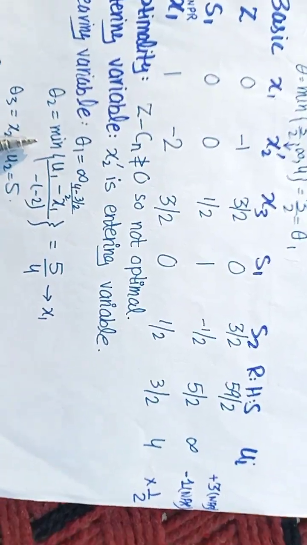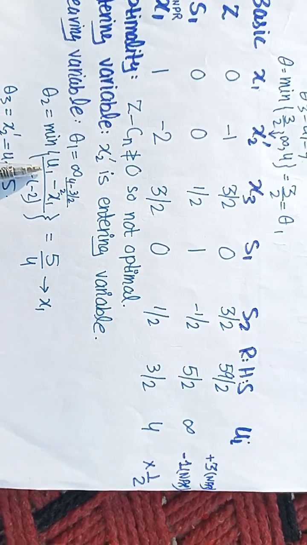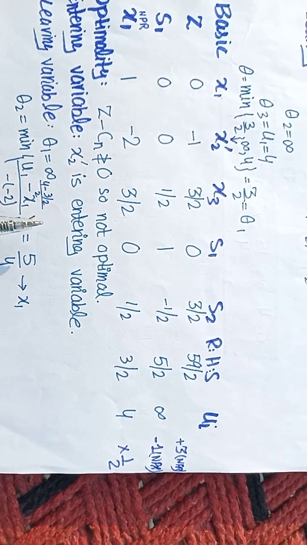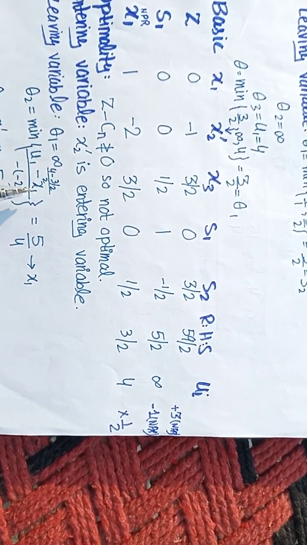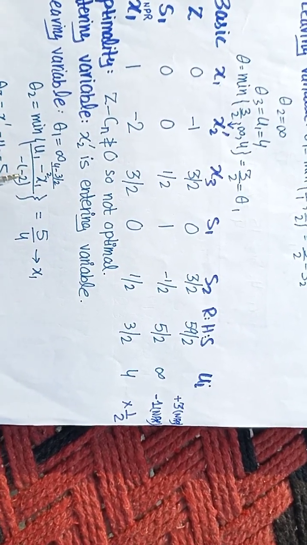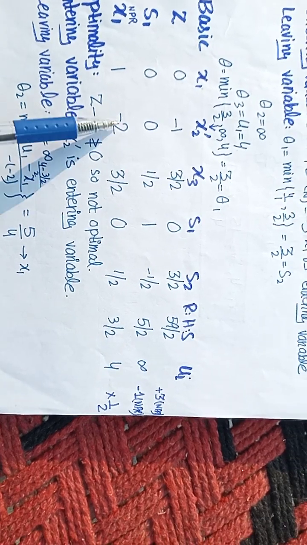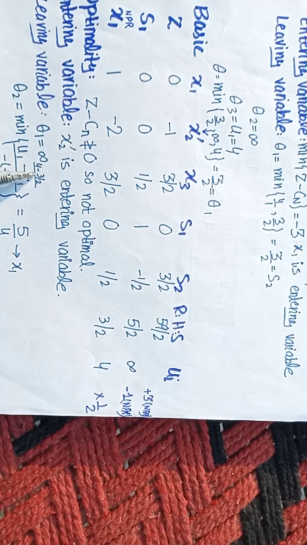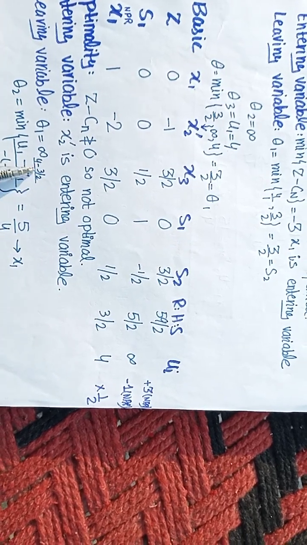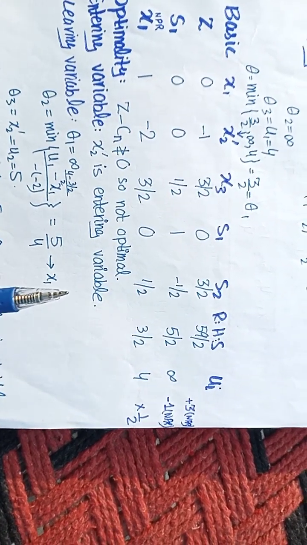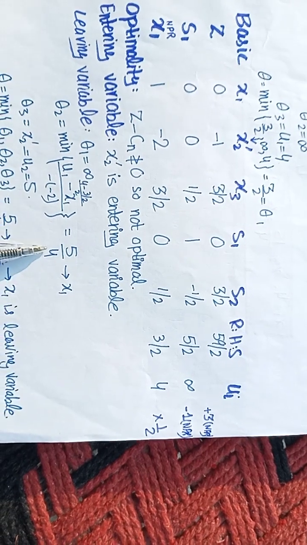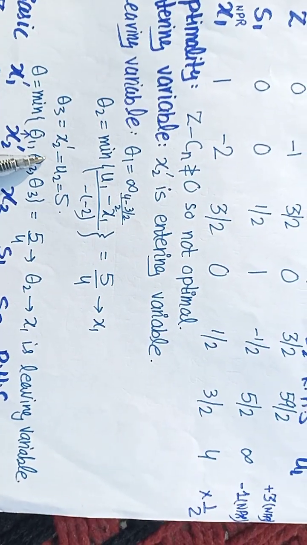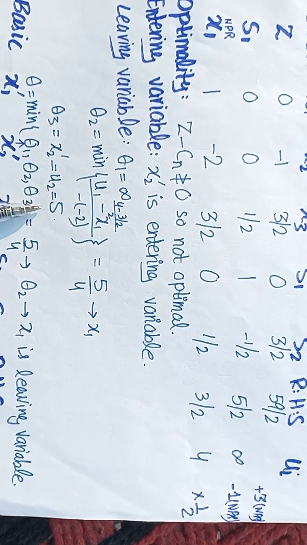Theta2 is equal to the minimum of u1 minus x1, which is 4 minus 3 over 2, divided by 2, where the most negative coefficient is present, and so on. Arrange this and 4 represents x1. Theta3 is equal to x2 dash equal to u2 equal to 5.